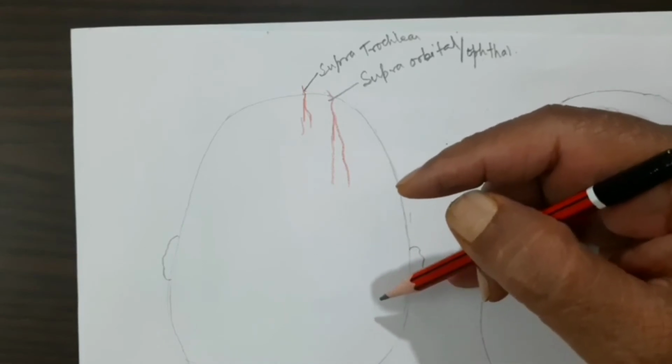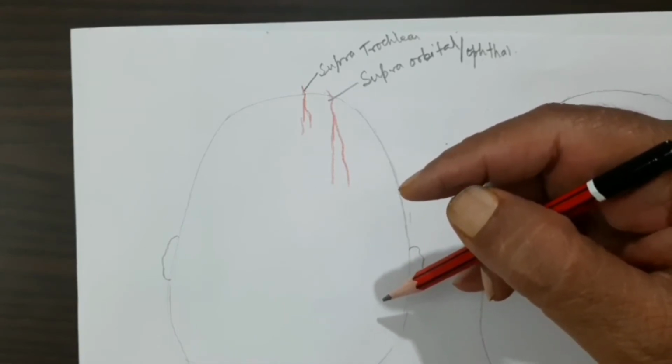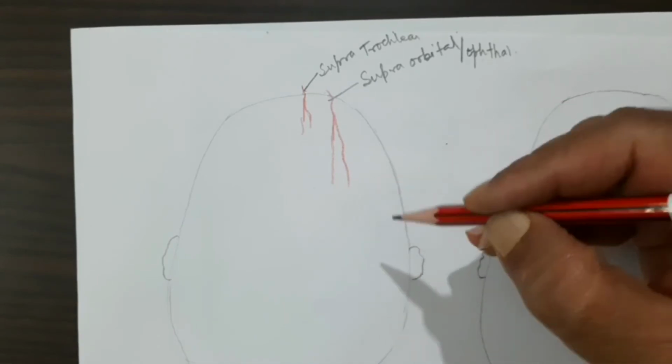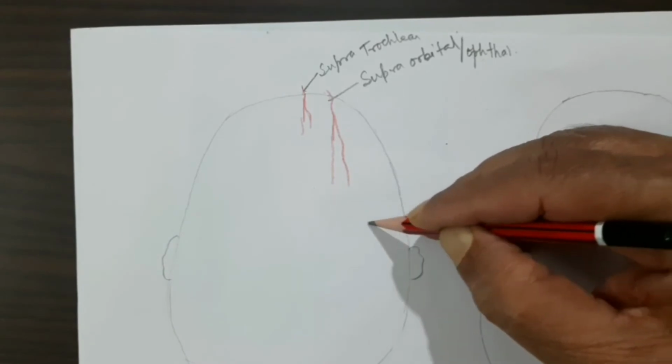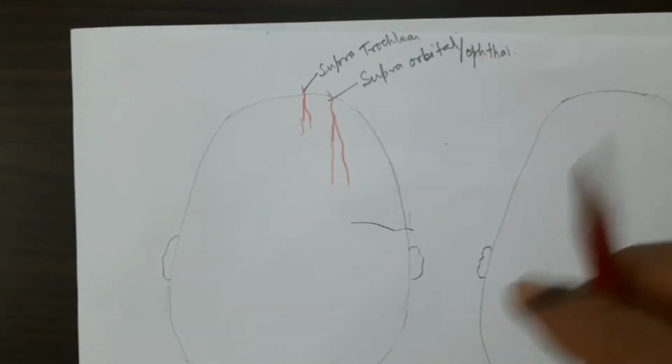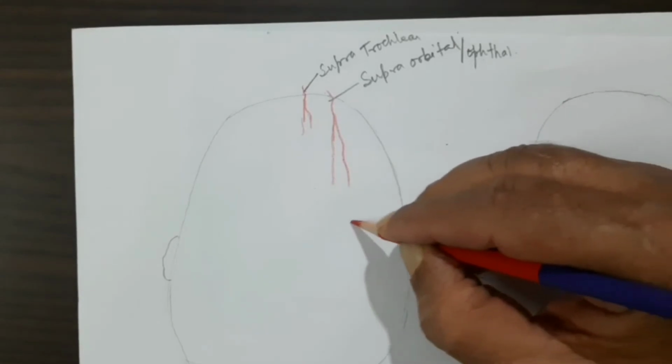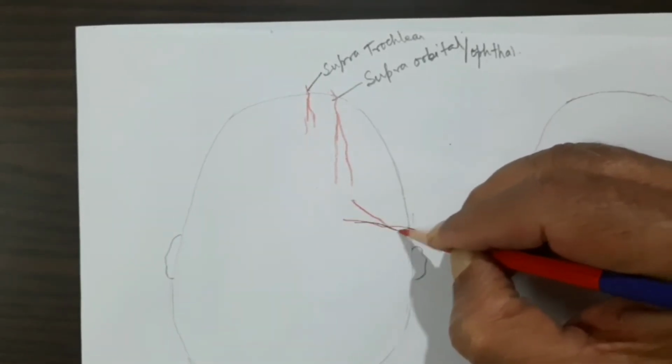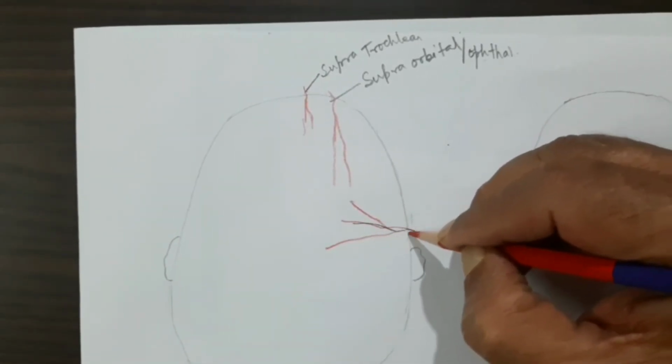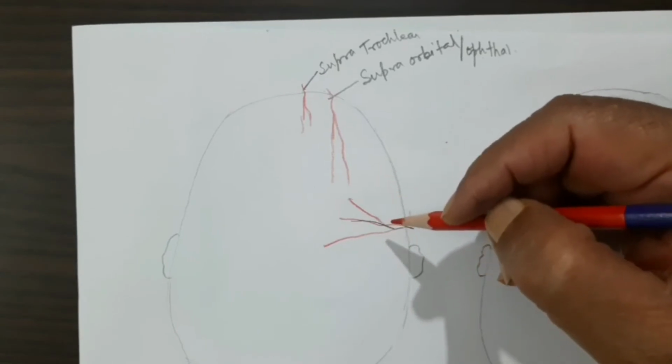Then there is a third branch, and this is called the superficial temporal. Let me draw it with the red color. This is the superficial temporal branch, which comes just in front of the ear.